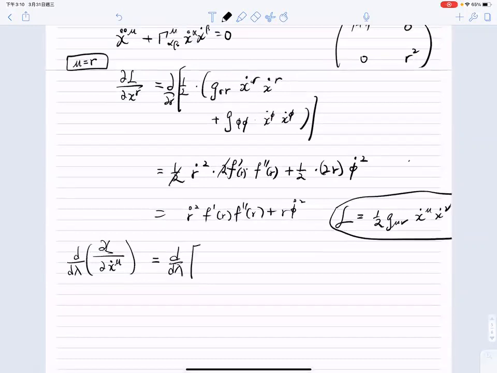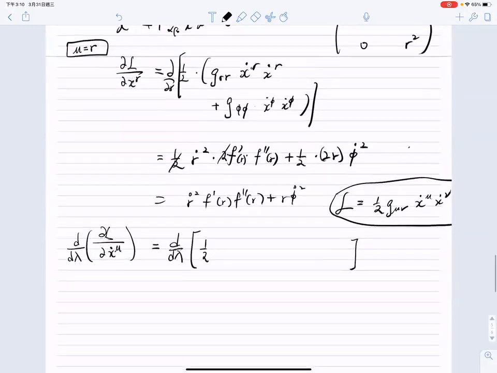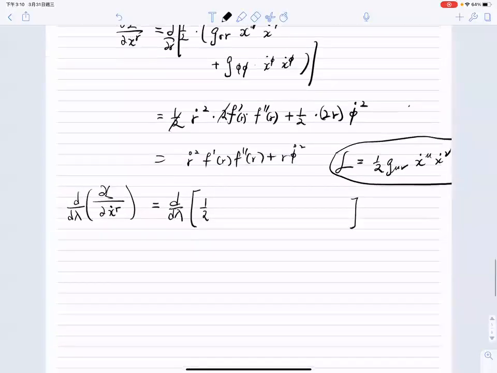So I just write it down. It's very simple mathematics. When you substitute mu equal to r, we only have two diagonal terms, right?